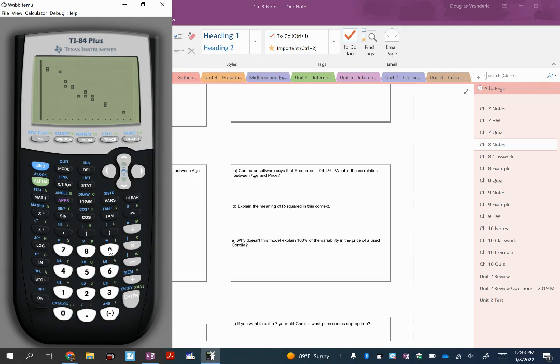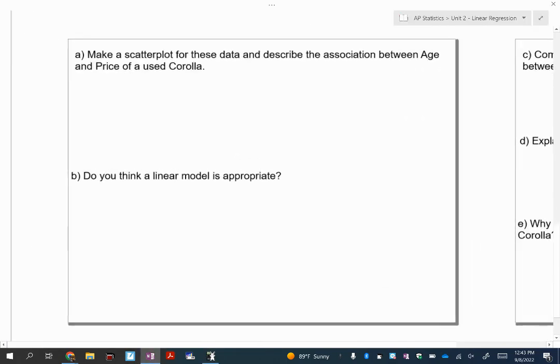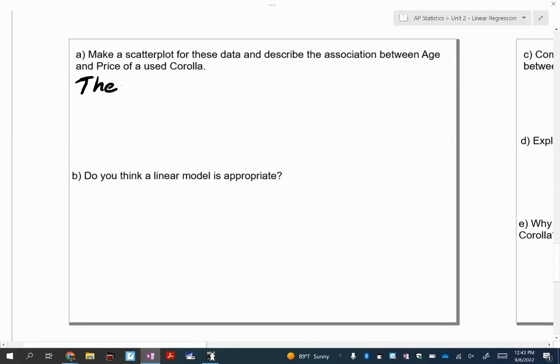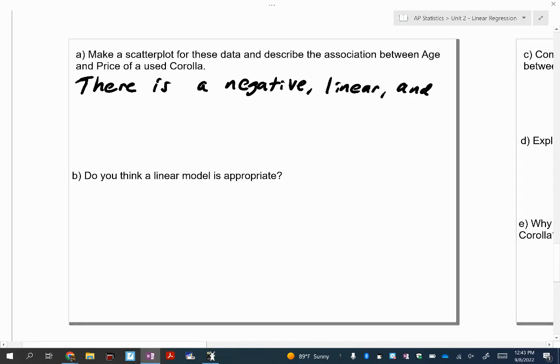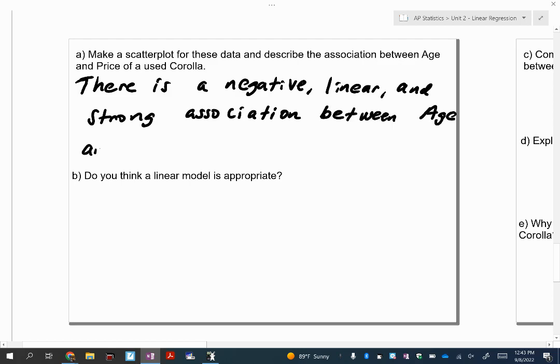So I'm going to write for part A: there is a negative, linear, and strong association between age and price of a used Corolla.